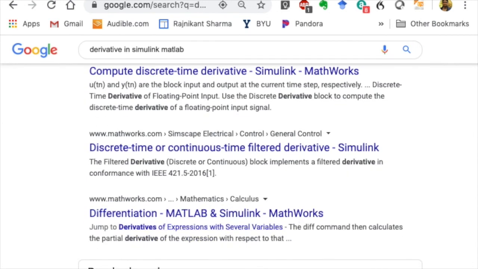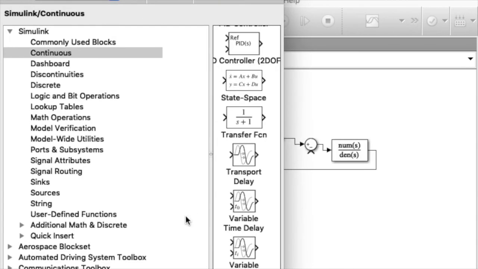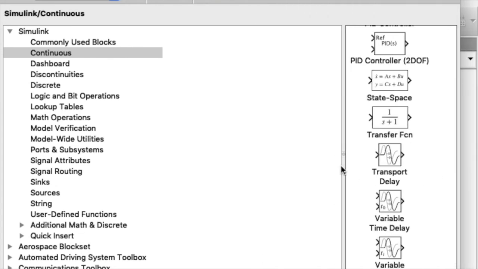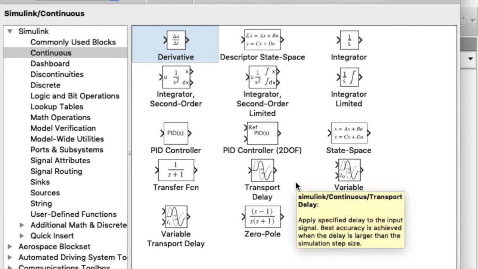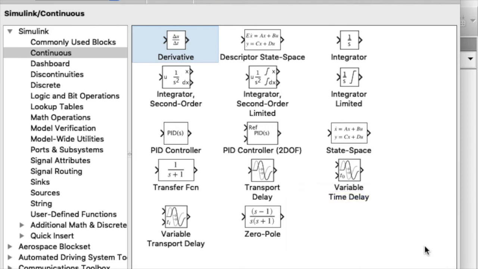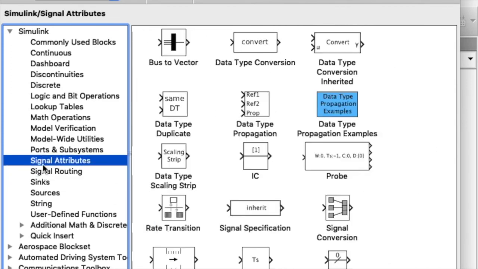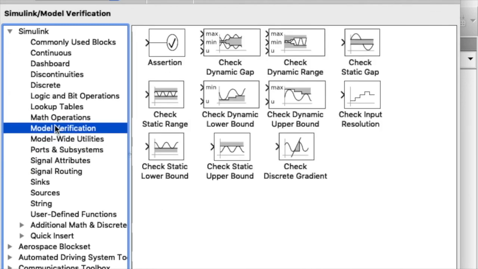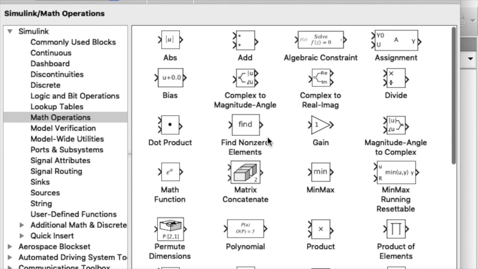But here I was thinking if I can maybe just use a transfer function thingy. So let's say, any ideas?